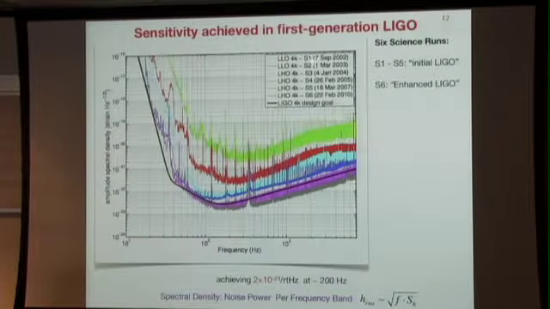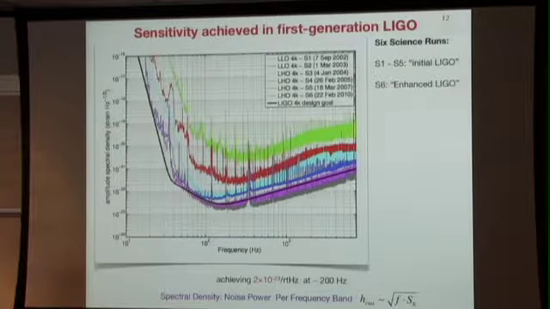Eventually, from S1 to S5, the fifth science run, the sensitivity is in this purple curve, and it matches the black curve, which is the initial design curve, called the science requirement sensitivity. After 2007, improvements were also made to the LIGO detector such that it has even better sensitivity than the design requirement. That's called the Enhanced LIGO detector.